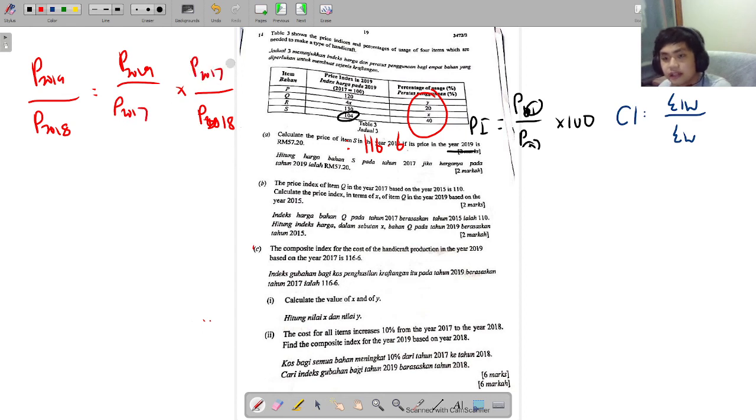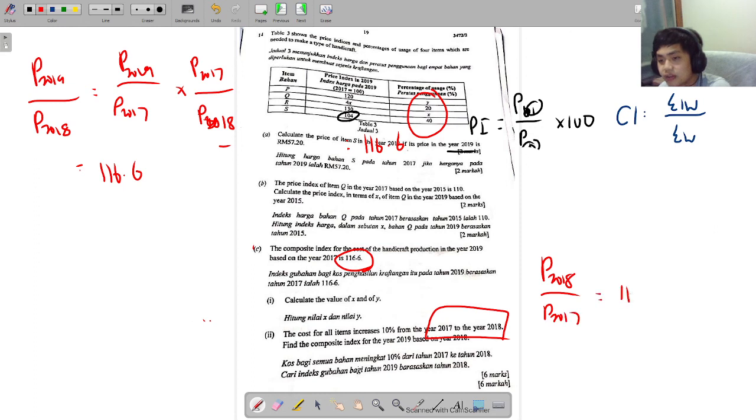I know the composite index for 2019 over 2017, they gave it to us here, which is 116.6. And 2018 over 2017, they actually gave it to me here, right? They say all the prices increased by 10%. So basically, P 2018 over P 2017 should just be 110 because 100 is always the baseline. If you increase by 10%, it means plus 10. If you decrease by 10%, you minus 10, and so on and so forth.